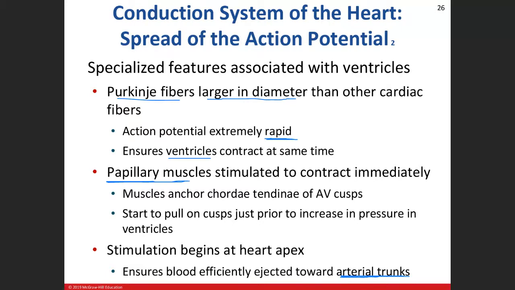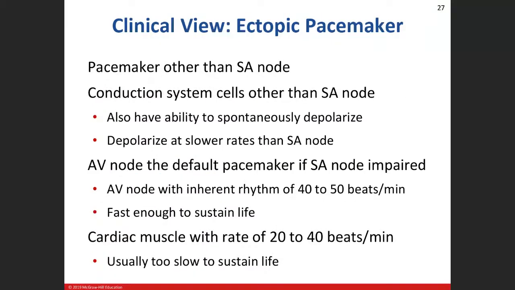Has anyone ever heard of an ectopic pacemaker? No? Okay, we're going to talk about it. There's a couple different types of ectopic pacemakers. Obviously, we call the SA node the pacemaker because it's going to initiate the whole action potential startup.